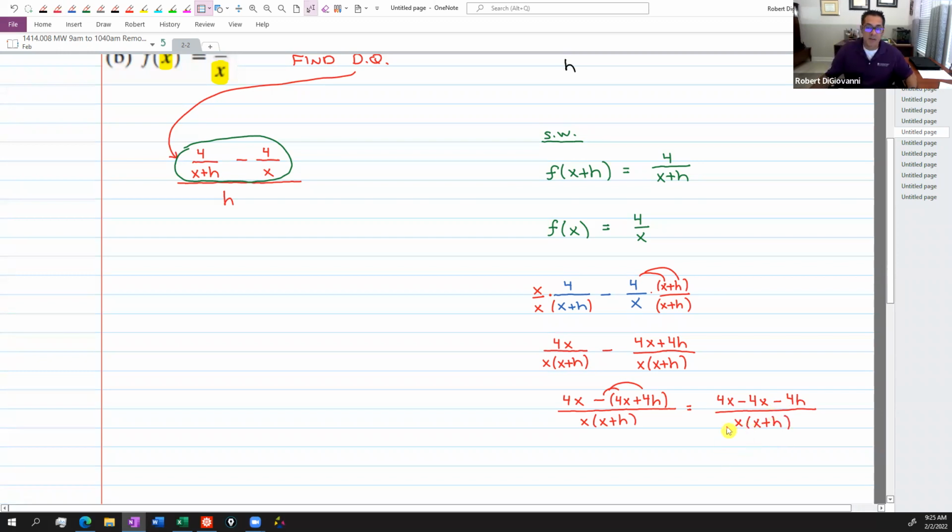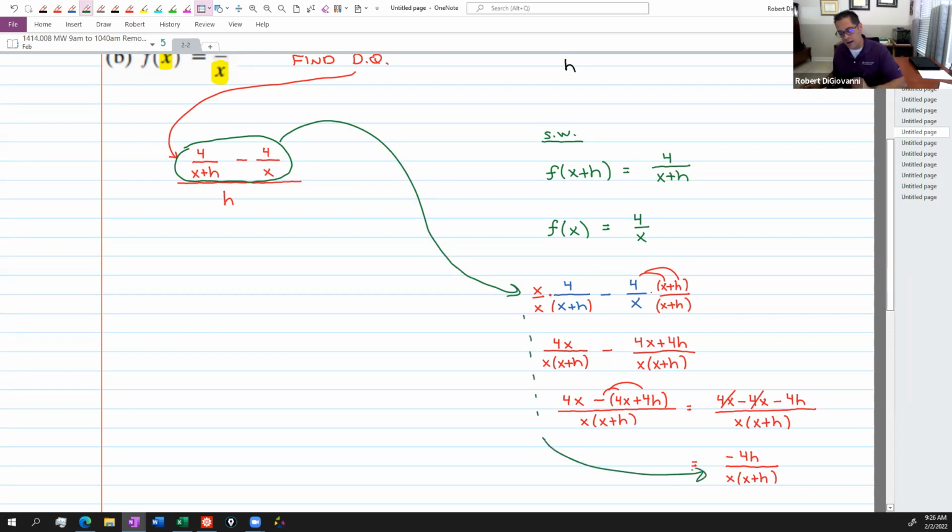Do y'all see what happens here? Y'all see these 4x's are going to cancel? So all I'm left with is negative 4h over x times x plus h. Okay. So everything I took in green and put together, when I was done with all this work, this is what I got, right?